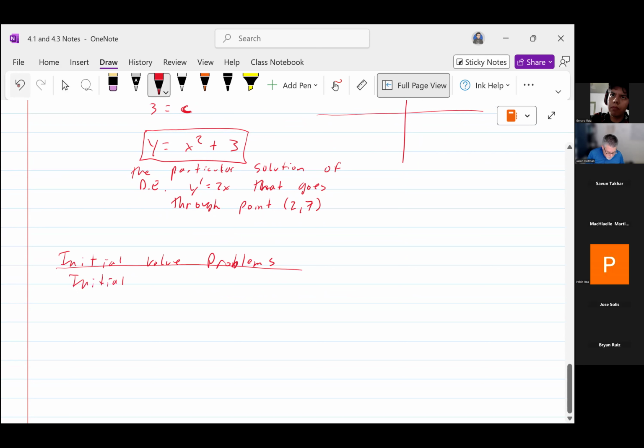Initial value problems, or initial values, are ordered pairs used to find the particular solution to a differential equation.